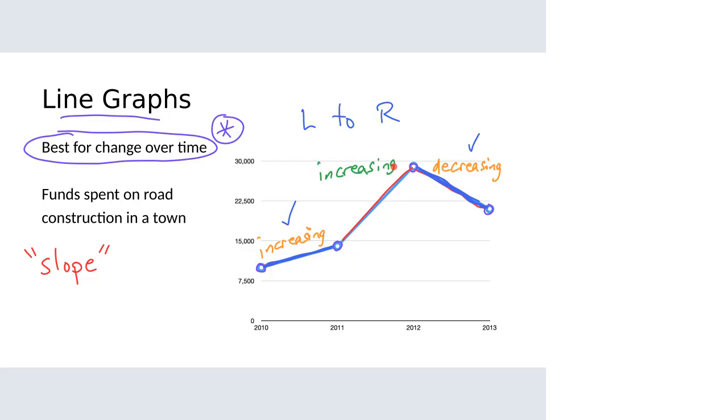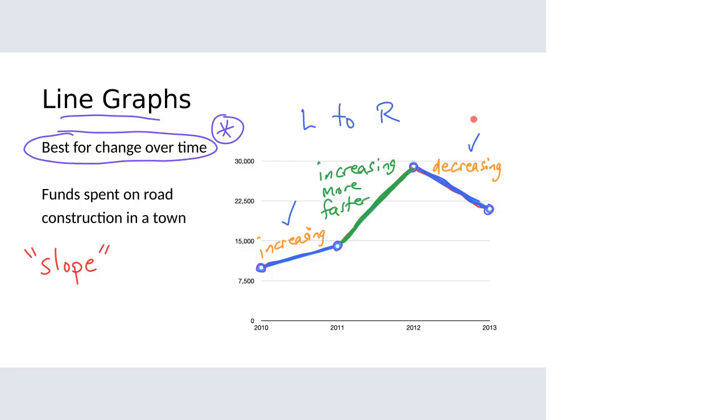And what we would say here is this increase, because you can see how from 2011 to 2012, that's a steeper increase. It went up more than it did from 2010 to 2011. We could say that it's increasing more, or it's increasing faster, to say that, if the question were, where was the increase more significant?